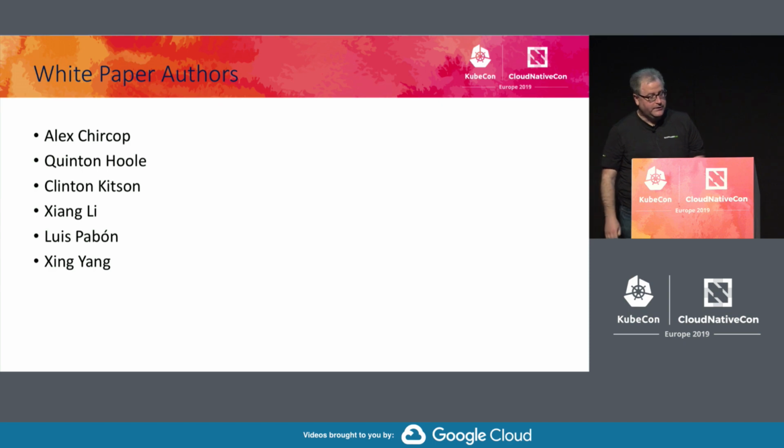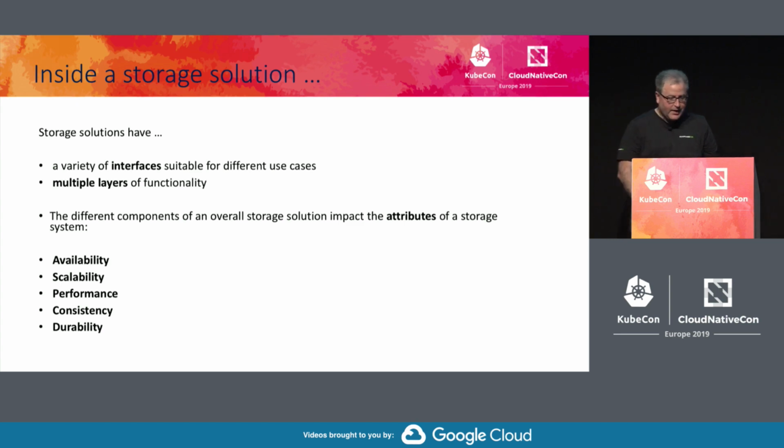The white paper had a number of authors from the CNCF SIG or working group. A lot of these names you'll recognize as contributors or working on other projects like CSI or etcd, for example. What we cover in the white paper is what's effectively inside a storage solution.